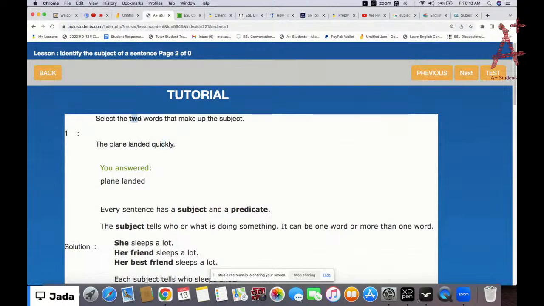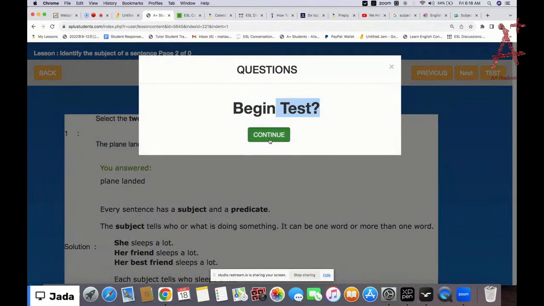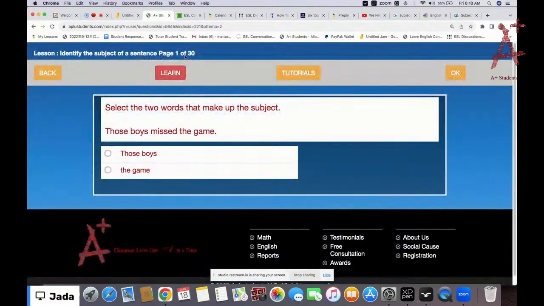You need to find the two words that make up the subject, and of course it's going to be the plane, because you cannot say "plane landed." So the two words that make up the subject are the plane. All right, so moving on to the test now. Select the two words. Okay, you have 30 questions, and we're going to answer a few together. After that, you finish it up all alone.